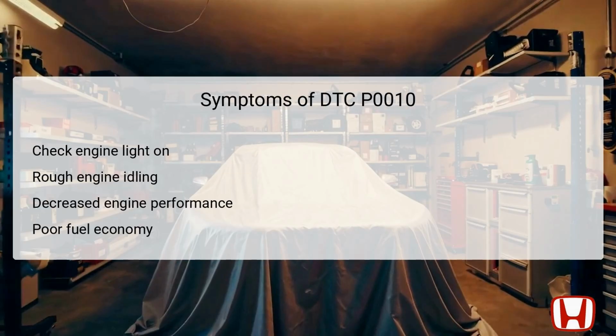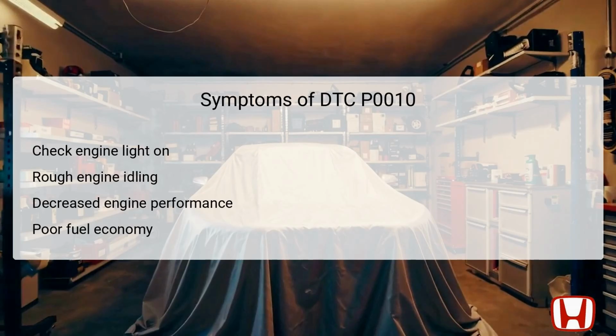The symptoms associated with DTC P0010 can significantly affect vehicle operation. A common symptom is the illumination of the check engine light on the dashboard, indicating that a fault has been detected. Drivers may also experience rough idling, where the engine runs unsteadily at low speeds.